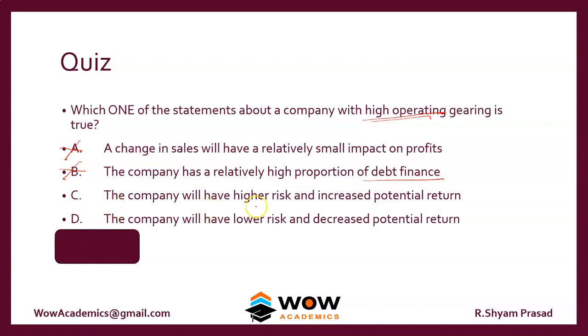C, the company will have a higher risk and increased potential return. Yes, it introduces more risk, but it also increases return. D, the company will have lower risk and decreased potential return. No, this is true for lower operating gearing. So the answer is C.